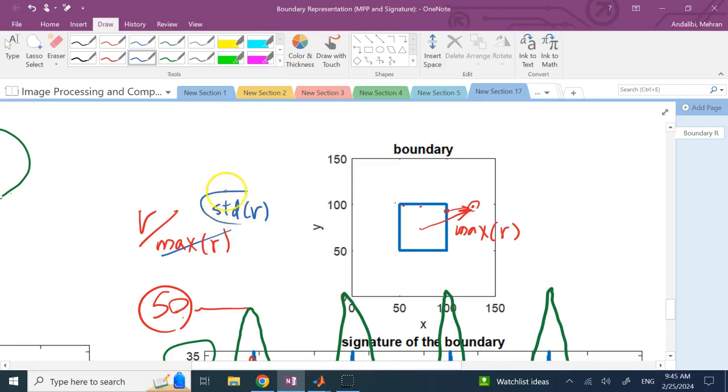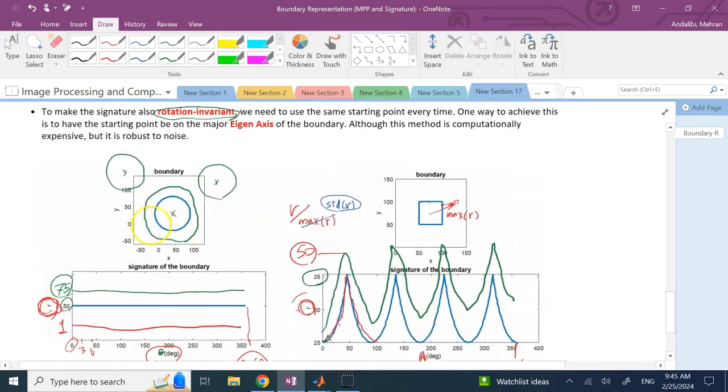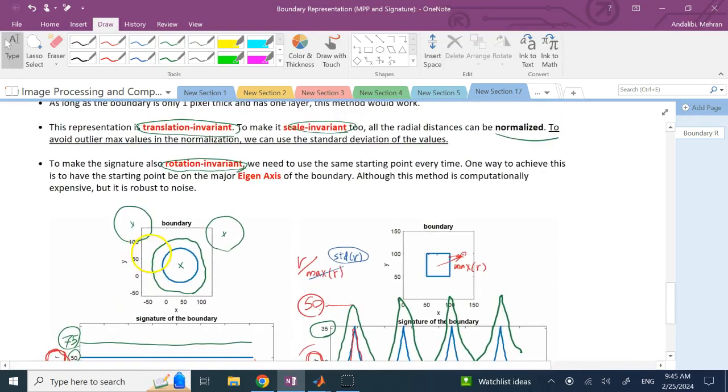But typically dividing by standard deviation is very common in machine learning and image processing. And when they want to center it around 0, then they subtract the mean. But here you can divide by standard deviation. That is a lot more robust. Okay, so that's one thing.